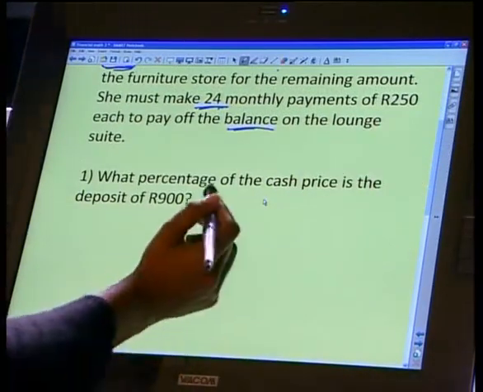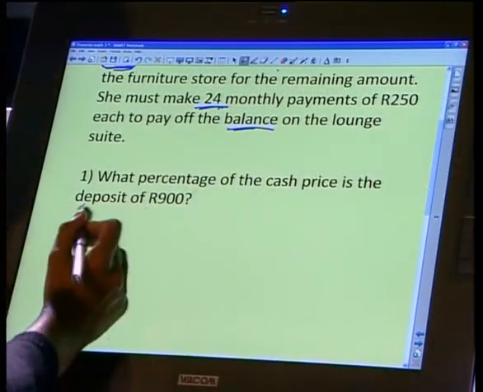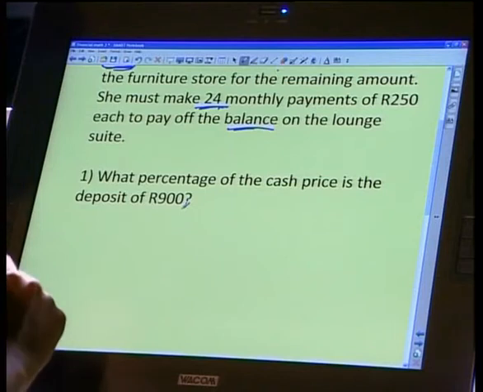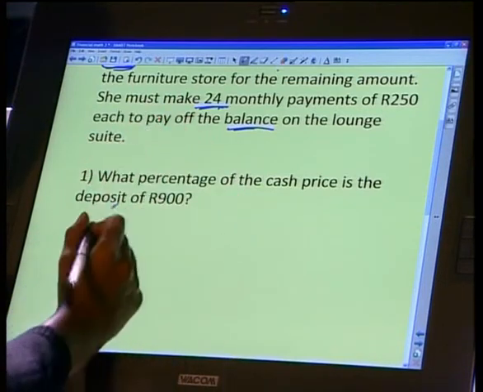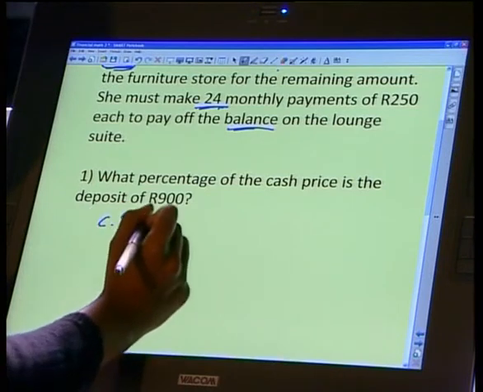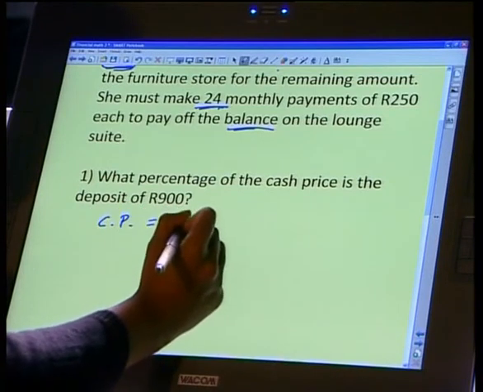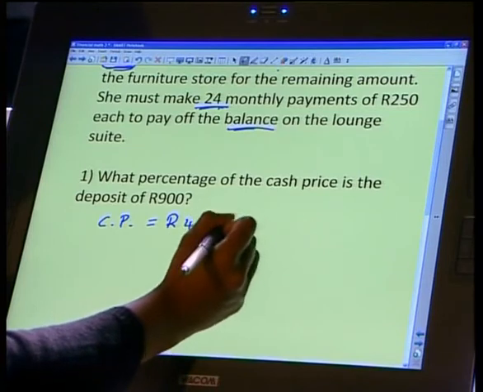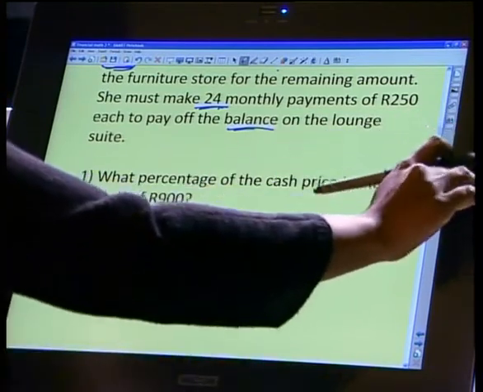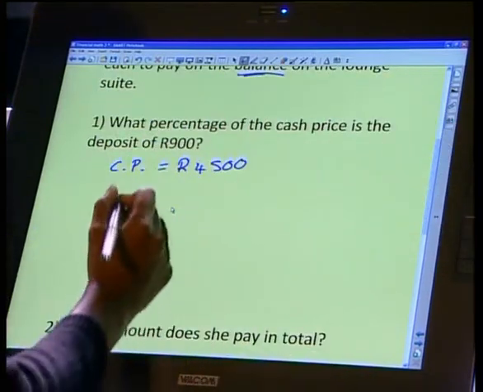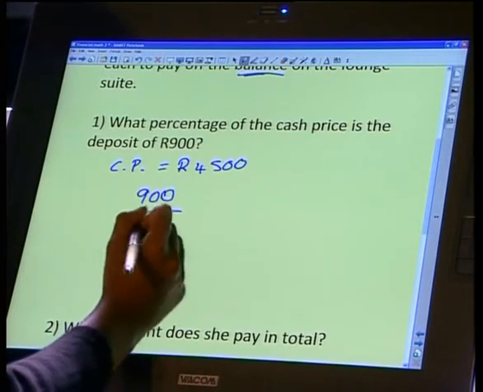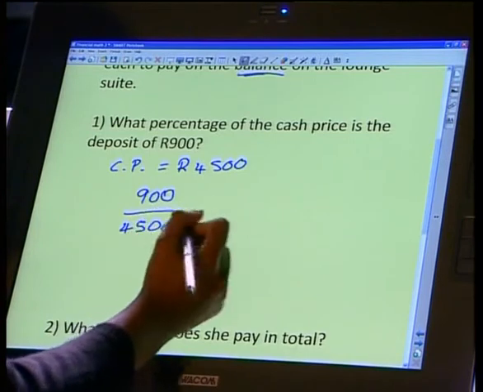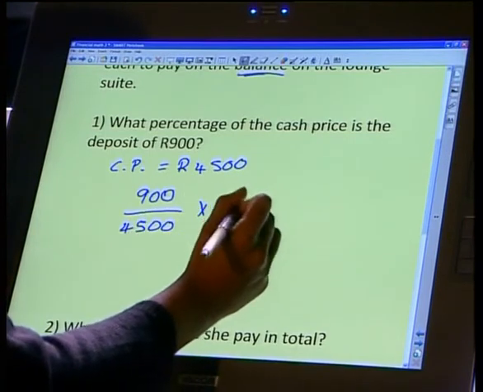We want to know what percentage of the cash price is the deposit of 900 Rand. So all we have to do is to work out what the cash price is, and that's very easy. They gave it to us. It is 4,500 Rand. So if I want to work out what percentage 900 Rand is of 4,500, I just need to take the 900, divide by 4,500, and times by 100.